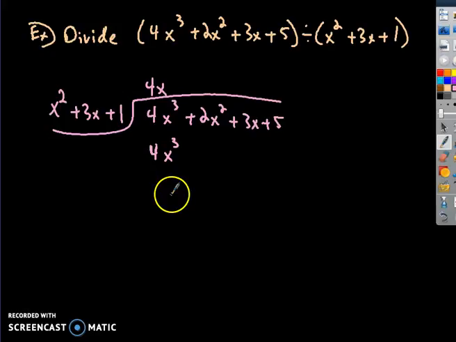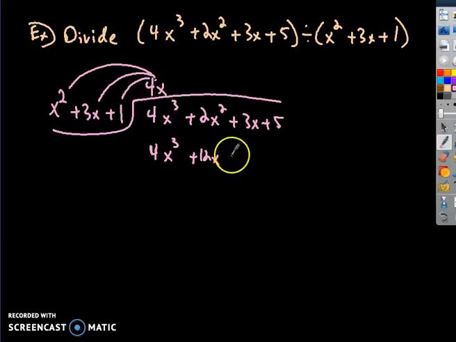How do you get the other numbers? You take the 4x and distribute to the first one, the second one, and the third number. So 4x times x squared is 4x to the third, 4x times 3x should be a 12x squared, and then 4x times 1 should be a 4x. Alright, then change all their signs.